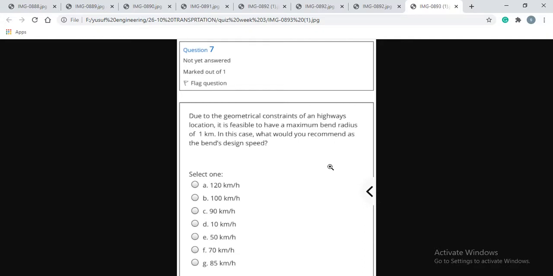In this case, what would you recommend as the bend design speed? It is a very simple question.